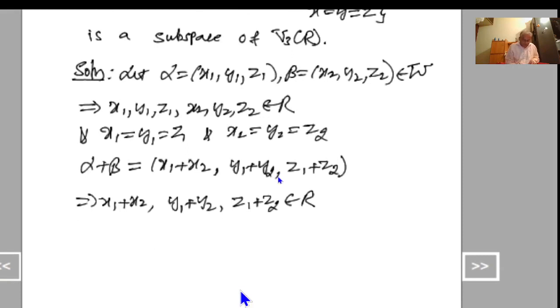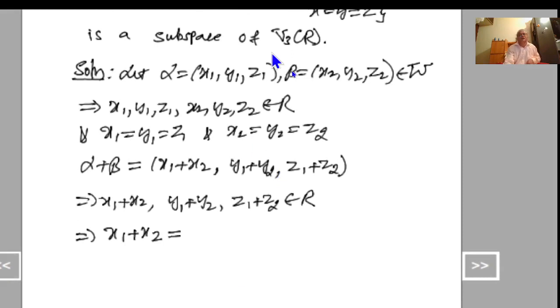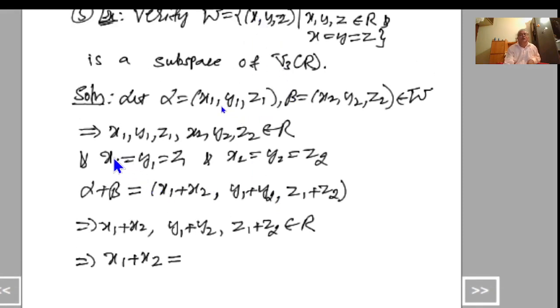And consider first element x1 plus x2. This is equal to, here we have x1 equal to y1, no? x1 equal to y1 plus what is x2? x2 is equal to y2 and this is equal to what is y1 here? y1 equal to z1 plus what is y2? y2 equal to z2.